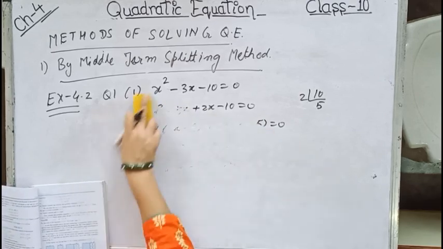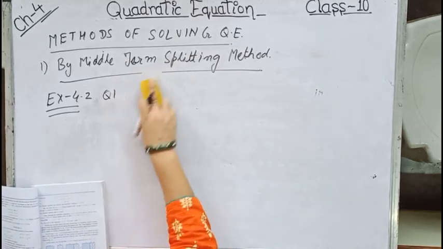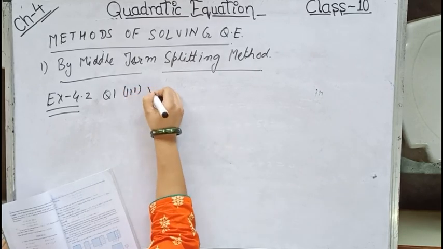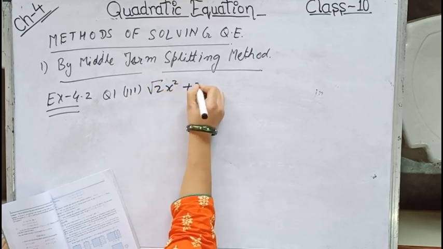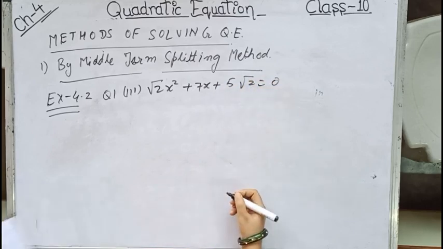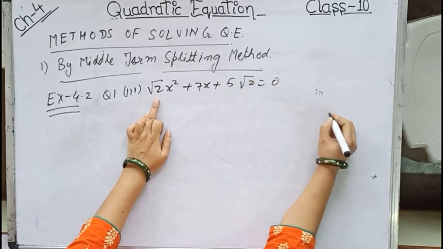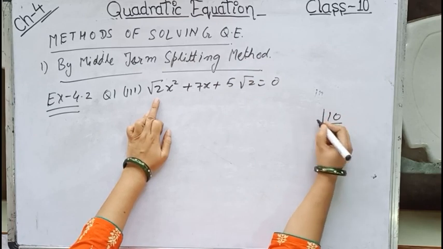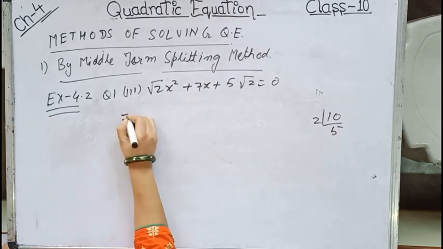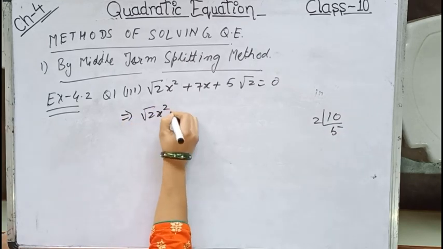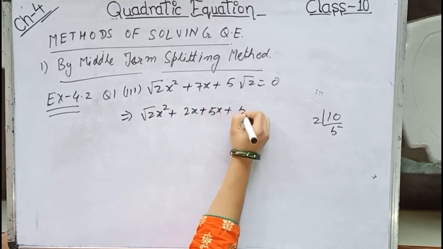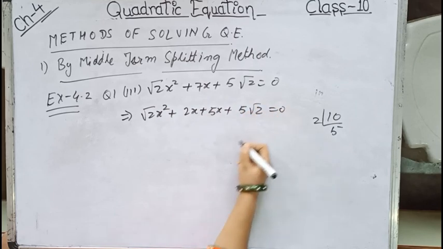Next sum I am doing as part number 3. Root 2x square plus 7x plus 5 root 2 equals to 0. Now product of the first and the last term is 10 and this we have to factorize to get 7. So this I can write as, this implies root 2x square plus 2x plus 5x plus 5 root 2 equals to 0.